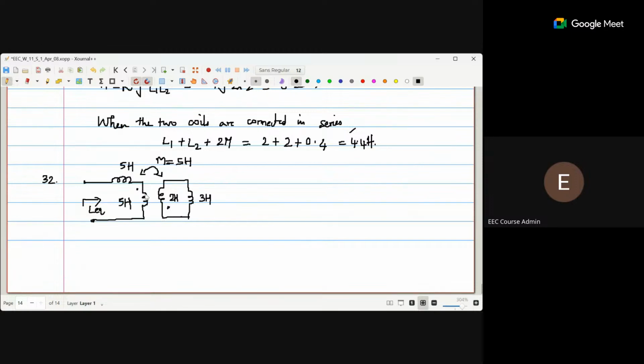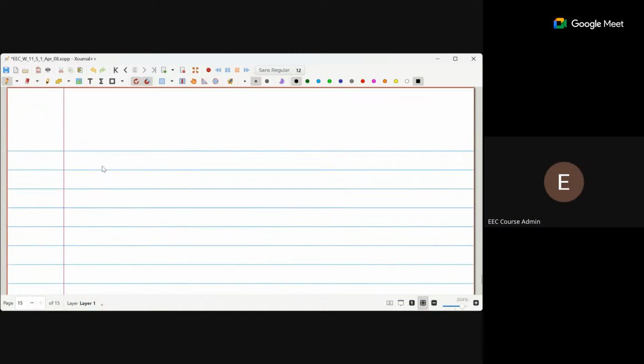The dot convention is also shown. You have to find the L equivalent. So in order to apply some KVL also, you can maybe connect some 1 volt source or something at the input as a test source, and then you can apply KVL.